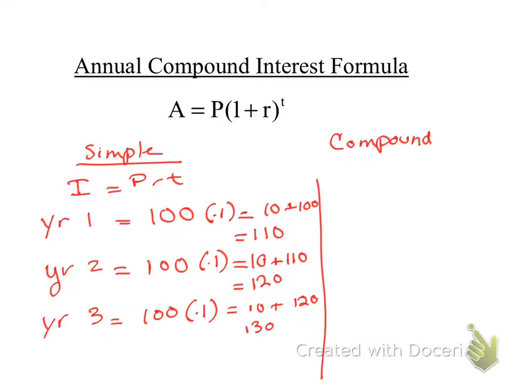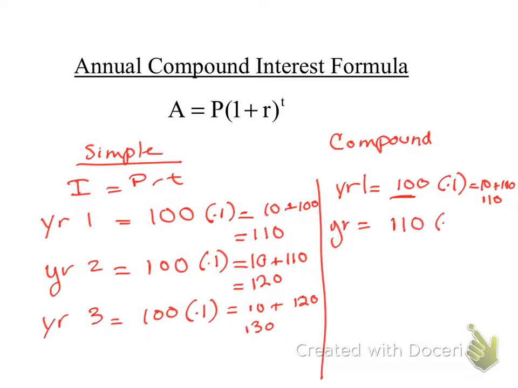Now here's how compound interest works. Year one, I'm taking that $100 and it's the same, and I end up with $10 plus that 100. I have 110, right? You guys with me? But in year two, my principal, the amount I start with, that my interest is being earned on or charged, is this time I use 110.